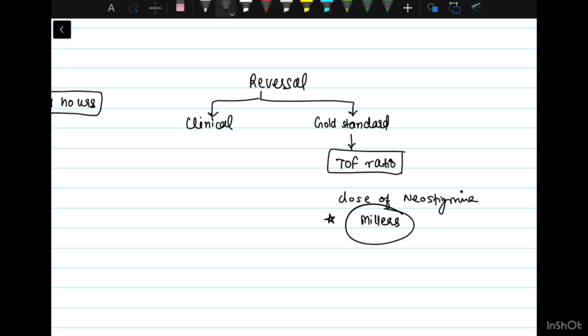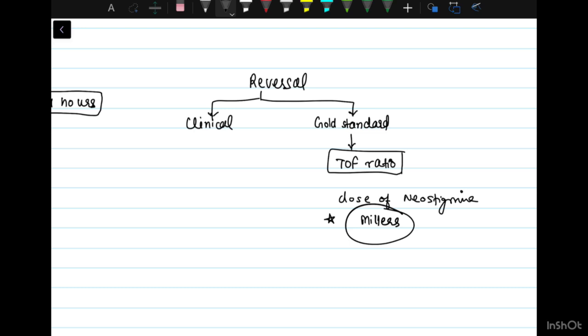It doesn't matter how much neostigmine you give, it still cannot move them from their site. The competitive antagonism doesn't act. So in deep blockade, there's no point of giving neostigmine, and that's where Sugammadex comes into play. It doesn't matter how deep the block is, Sugammadex can still reverse the effect.